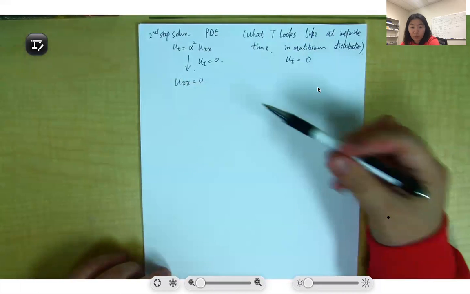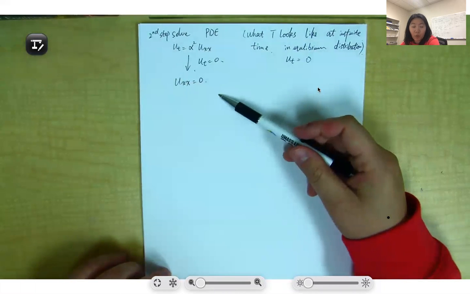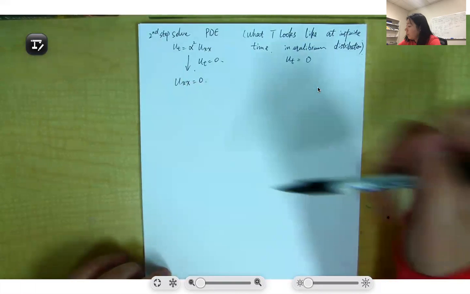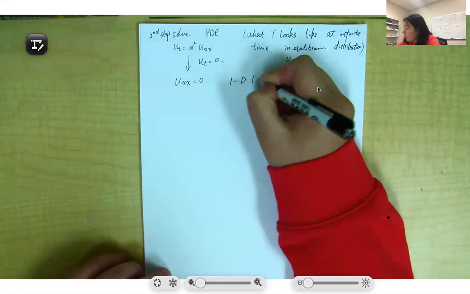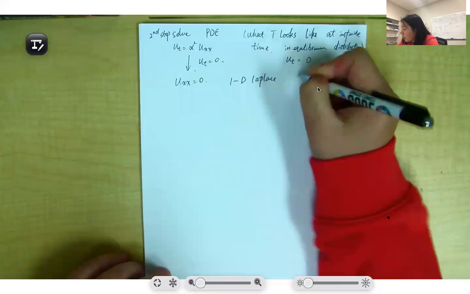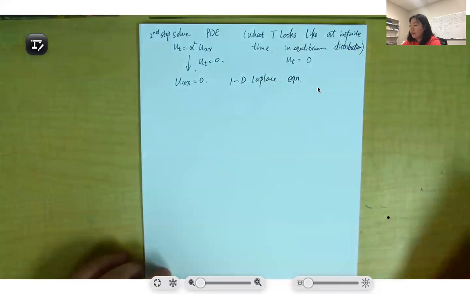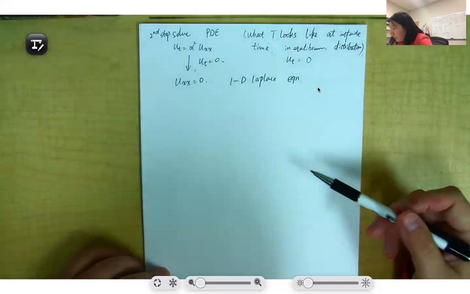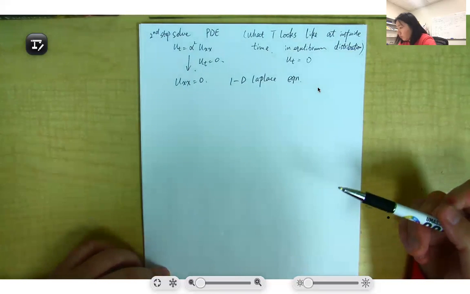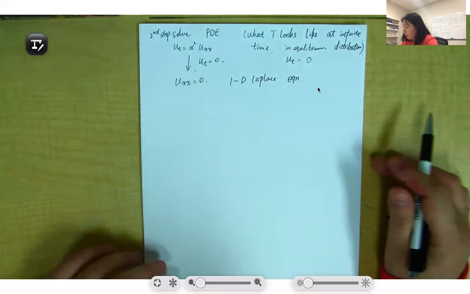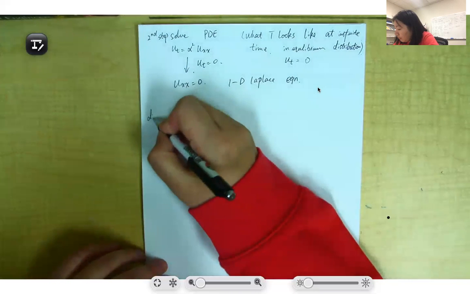Then this equation is actually our 1D Laplace equation. Okay, then we are trying to solve this 1D Laplace equation using different boundary conditions.